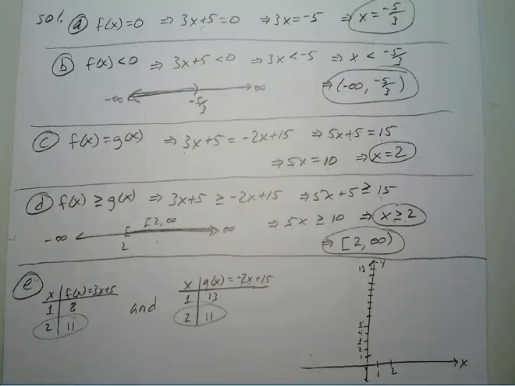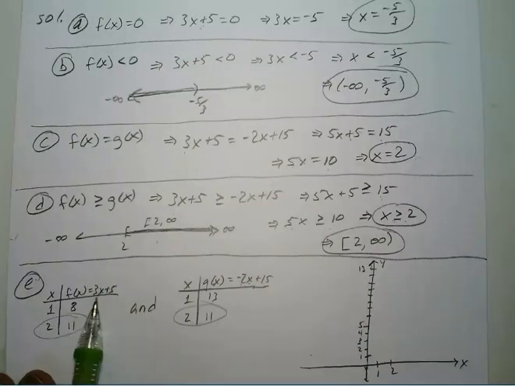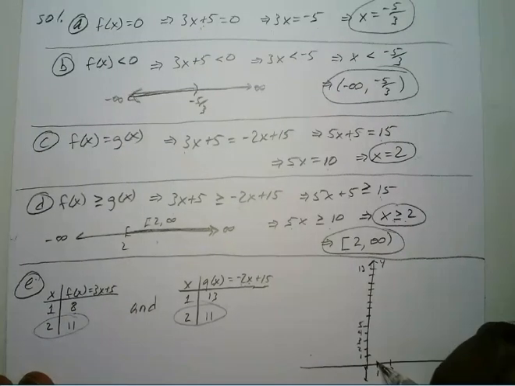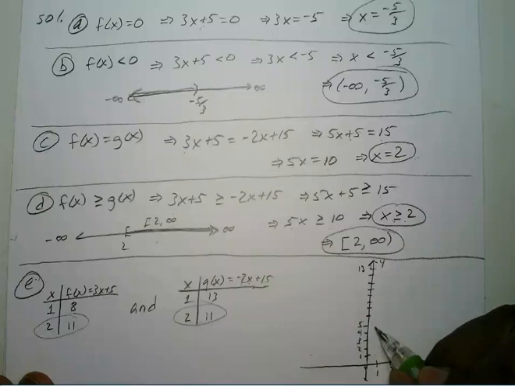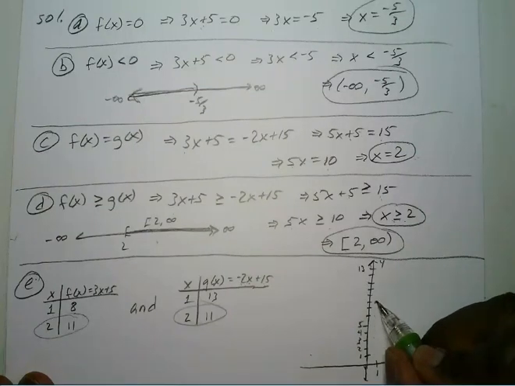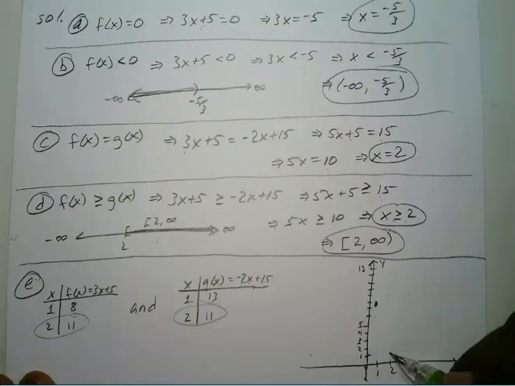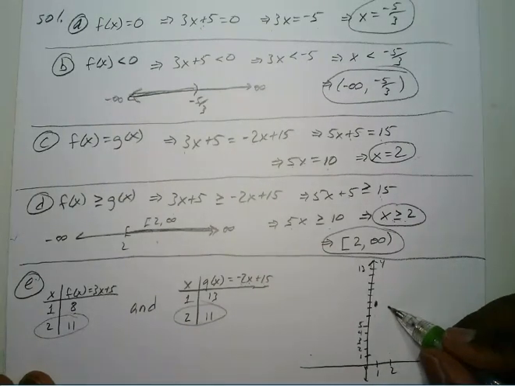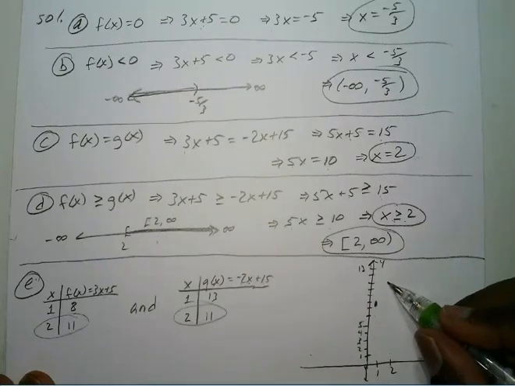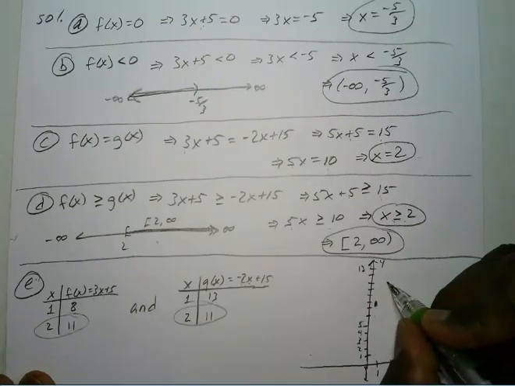Then you can make the graph bigger if you like. Okay, so for f of x equals 3x plus 5, we have the point 1, 8. So when x equals 1, y equals 8. And when x equals 2, y equals 11. So it should be right about there.